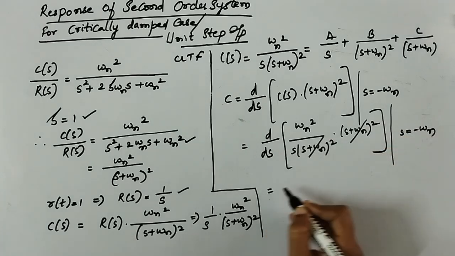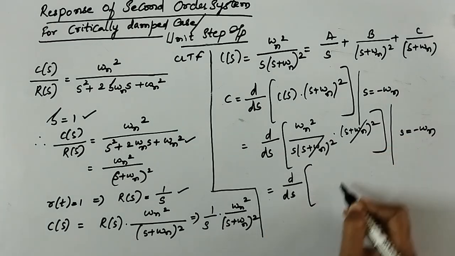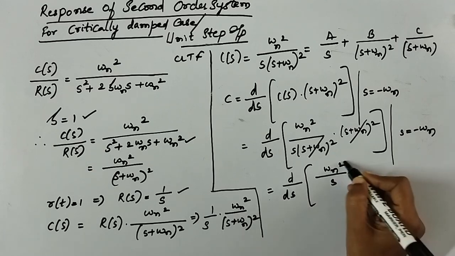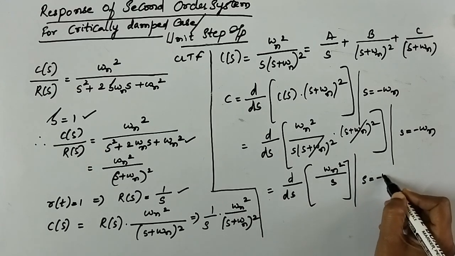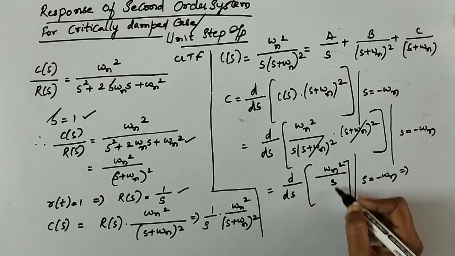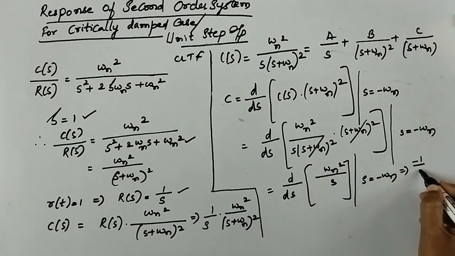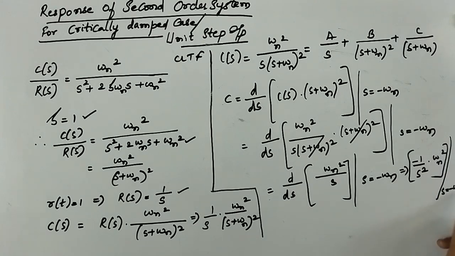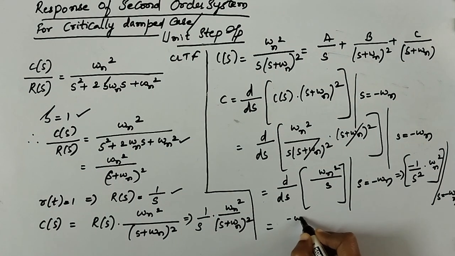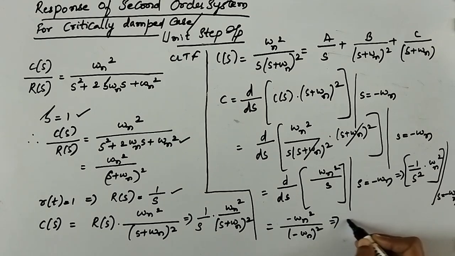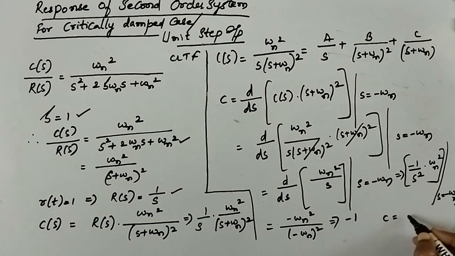This got cancelled, and this is d/ds of omega n square by s for s equal to minus omega n. d/ds of 1/s is nothing but minus 1/s square into omega n square for s equal to minus omega n. That would be minus omega n square by s square, which would be minus omega n whole square. So that would get cancelled, and you are left with minus 1. The coefficient C is nothing but minus 1.